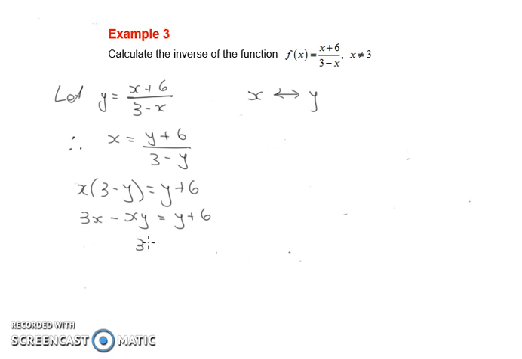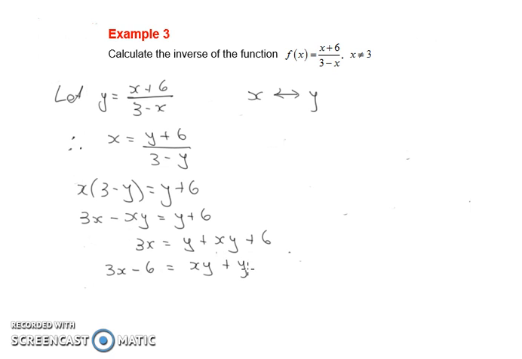So I end up with 3x equals y plus xy, plus 6. And now I can bring my 6 over to the other side. So we'll have 3x minus 6 on the left now equals, what I might do is just swap them around, xy plus y.